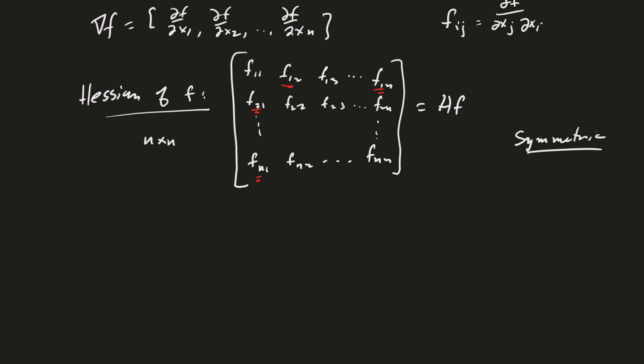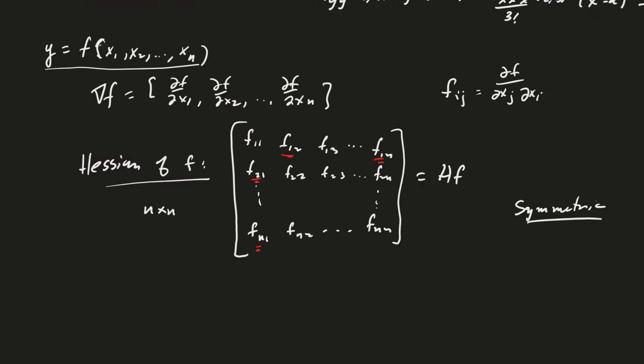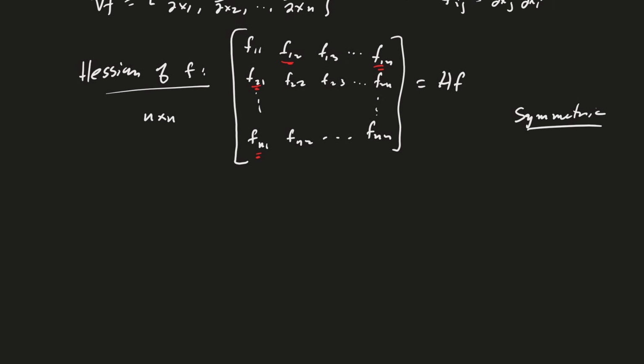All right, so what is the linearization then of our multivariate function? So the linearization looks like f of x, where x is now in Rn, is approximately equal to f of a plus the gradient of f at a times the vector x minus the vector a.